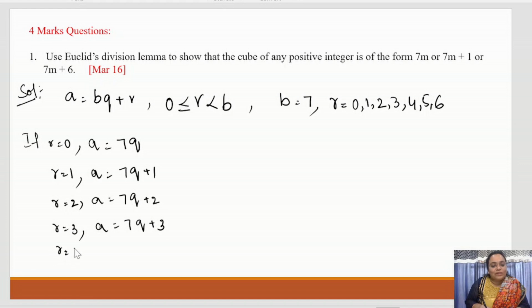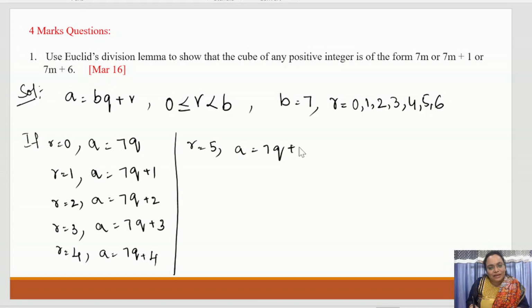When r is equal to 4, a will be 7q plus 4. When r is equal to 5, a will be 7q plus 5. And when r is equal to 6, a will be 7q plus 6.